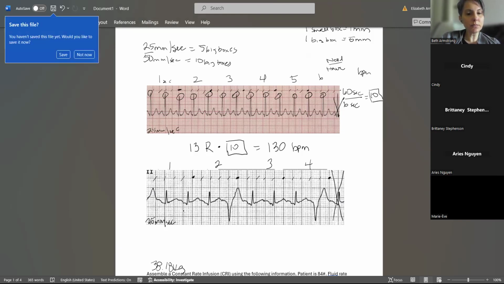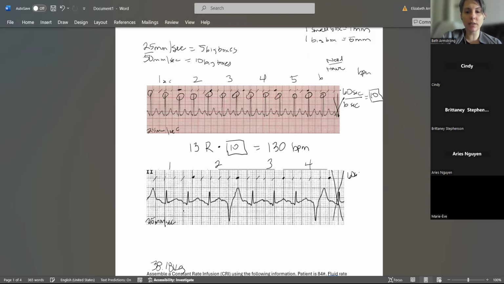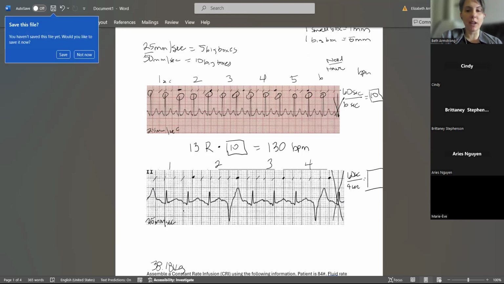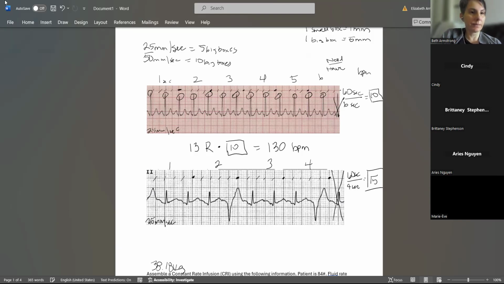Okay. So our next step is need over have, because we need 60 seconds. So 60 seconds. See, we haven't even looked at the ECG yet. 60 seconds. And how many seconds do we have? We have 4. So our multiplication factor is going to be 15.